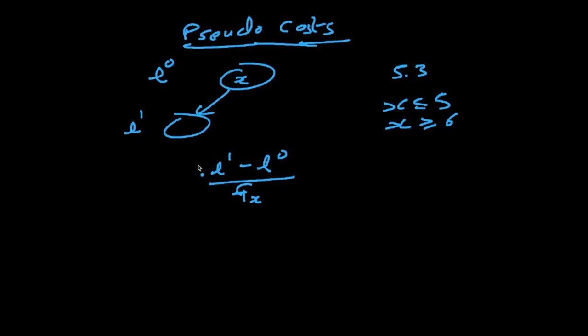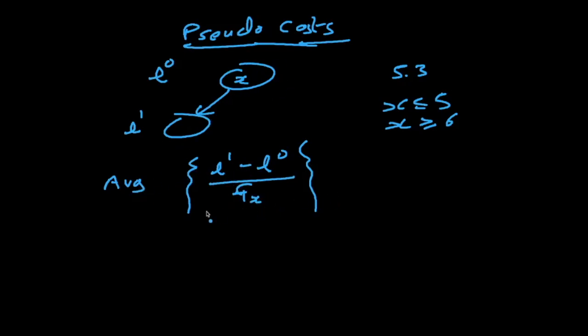This is one data point, and we are going to branch on the same variable x again and again over many different parts of our branch and bound tree, so we are going to maintain an average of this. So the average gain in the LP per unit movement of x, that's basically the pseudocost.